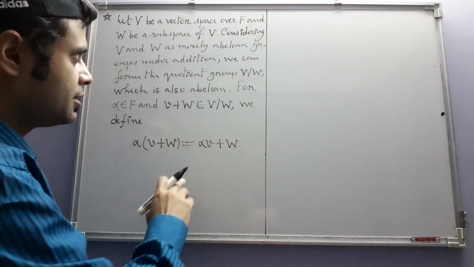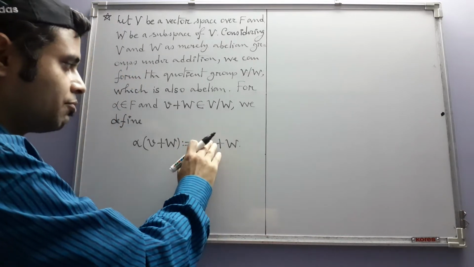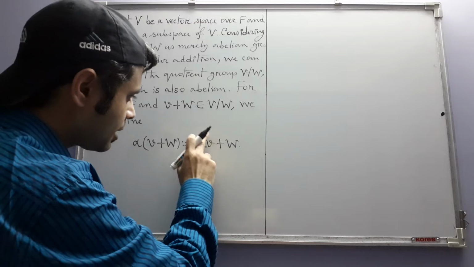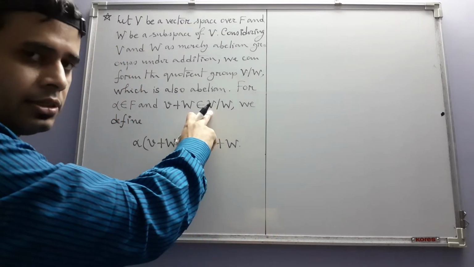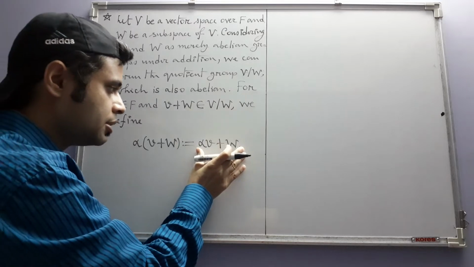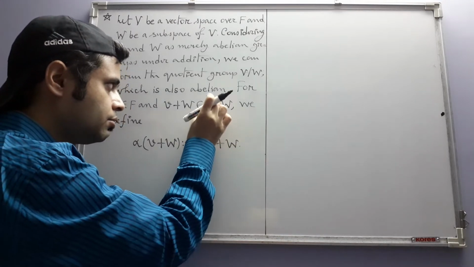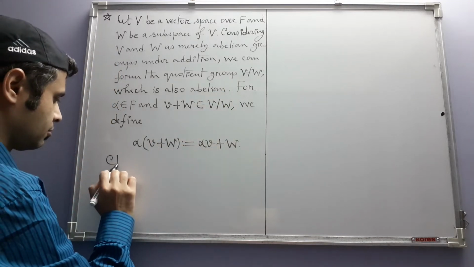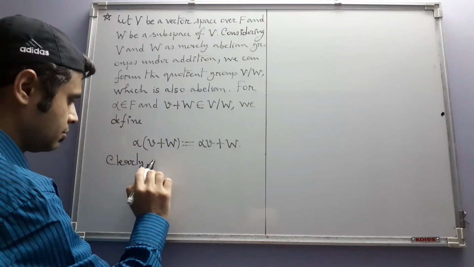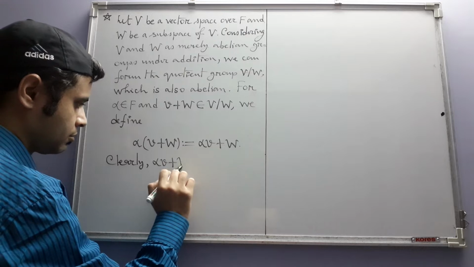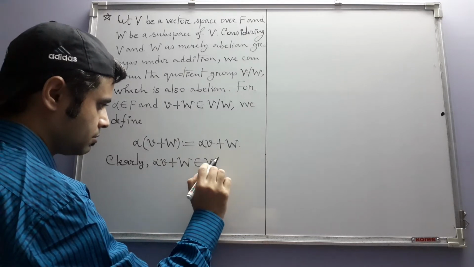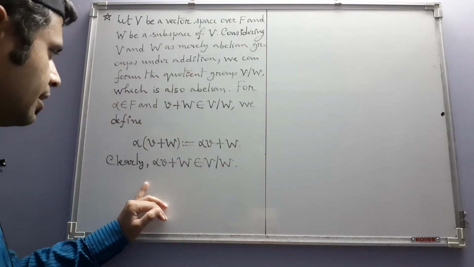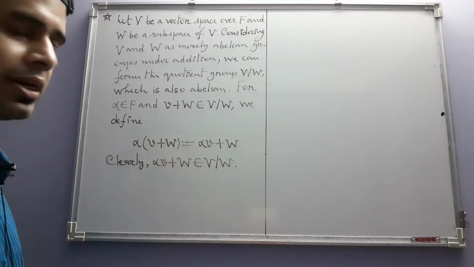So alpha v is the ordinary multiplication of vectors by scalars that we have in the vector space V. So alpha v is again a vector in V, and so this is a coset of W in V, and that is why this belongs to V by W. But we still have to show that this operation is well defined.